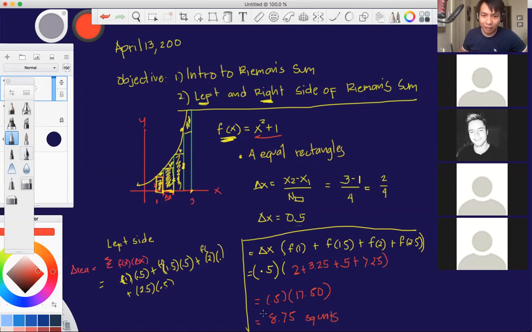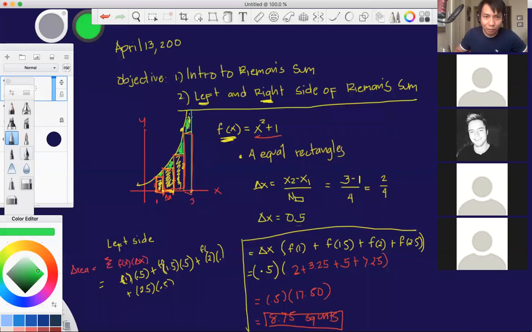Now, again, we're using your left side. So if you notice, the left side approximation is an under approximation. See that? We were not taking into account this set of areas right here.